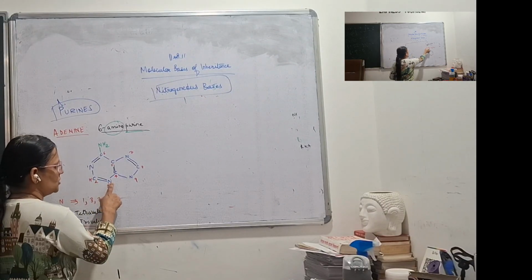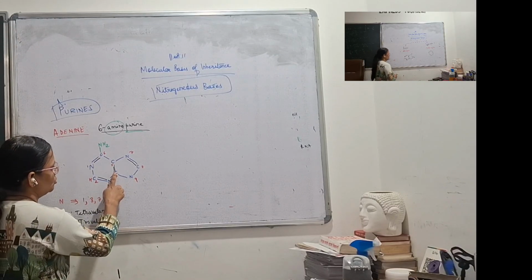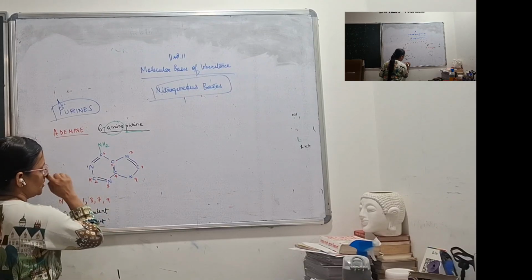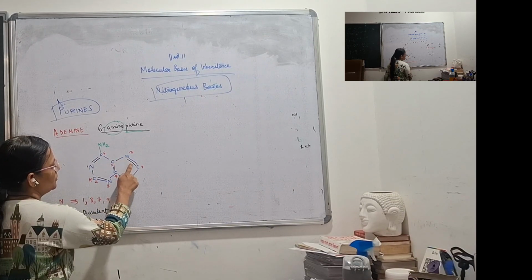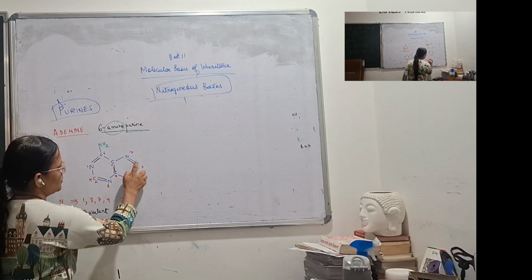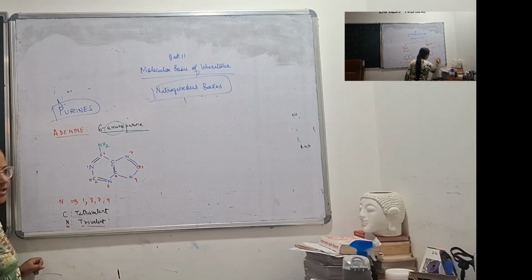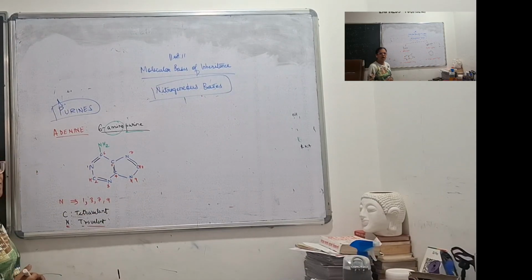Let us move on to this nitrogen. 1, 2, 3, satisfied. Carbon, 1, 2, 3, 4, satisfied. Carbon, 1, 2, 3, 4. This carbon, 1, 2, 3, 4. This nitrogen, 1, 2, 3. This carbon, 1, 2, 3. And then I'll put here H. Right? Now this nitrogen, 1, 2. Then I'll put here H.